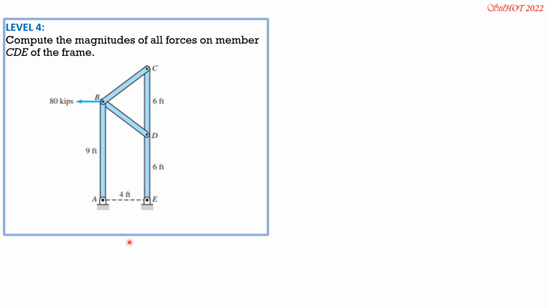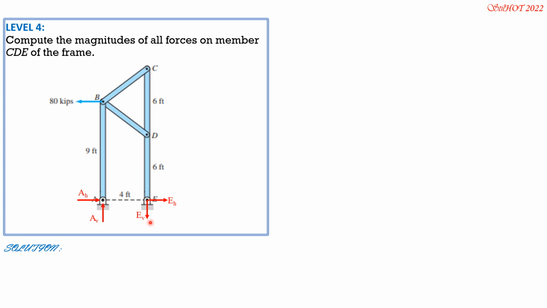But since we are asked for the magnitudes of all forces on member CDE, it's not important. Important only for computing the vertical component at A and E. So let's assume these are the directions of the external component reactions at A and E.